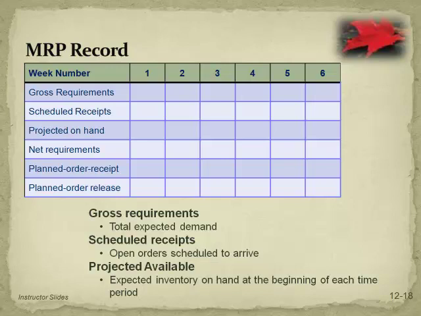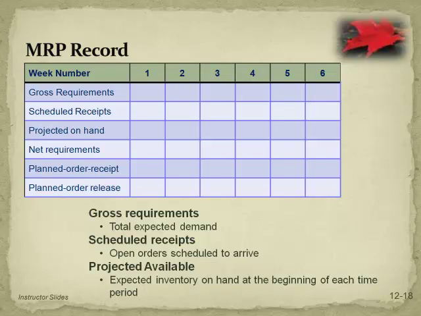I like to suggest to students that projected available is very similar to the checking balance in your checking account. As long as the balance in your checking account is either a positive number or 0, you're okay. It's only when that is a negative number that you're not okay.